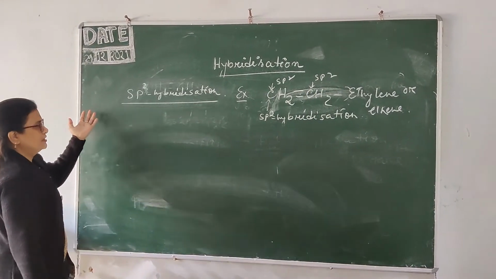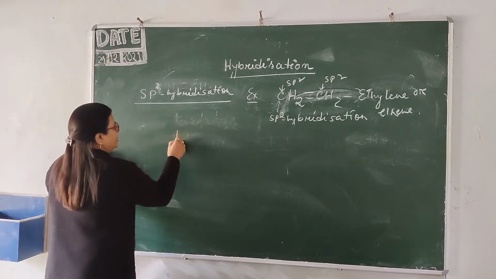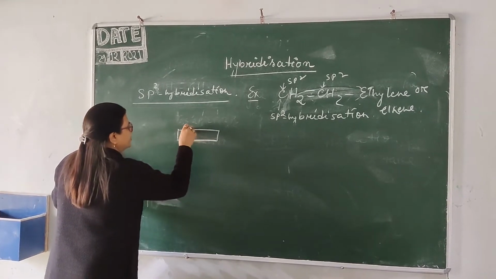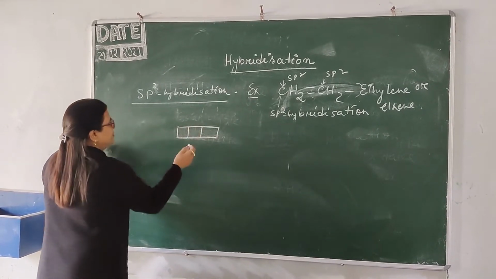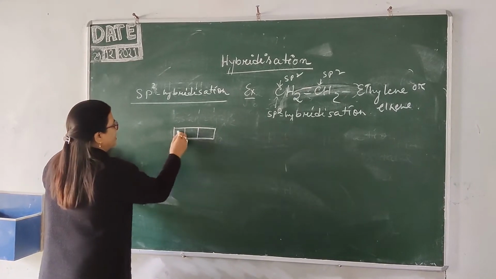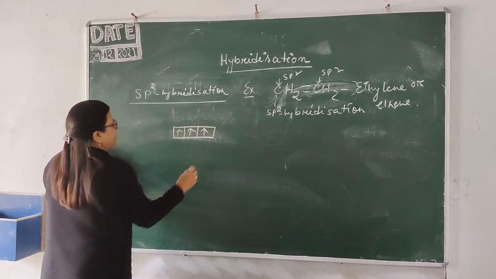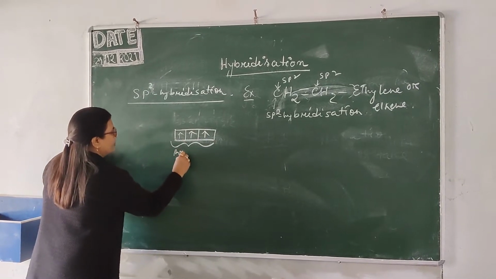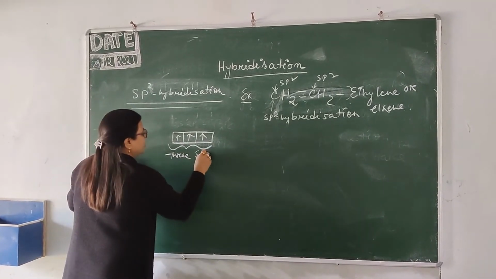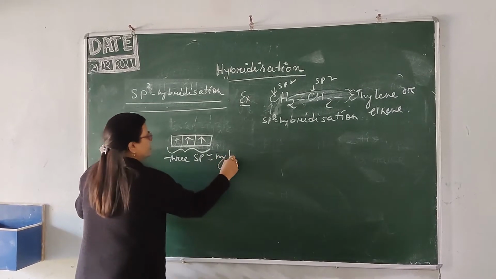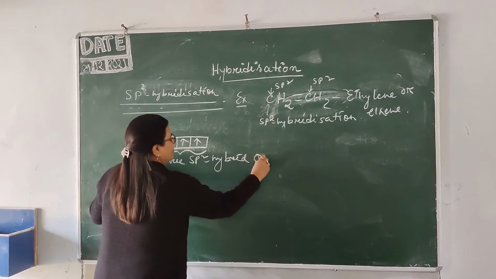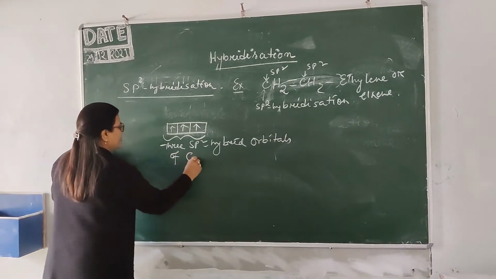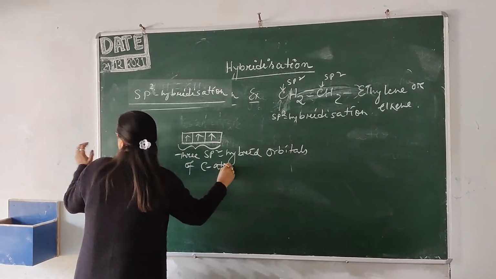As in the earlier cases, here sp2 means one s and two p orbitals. In the hybridized state we get three sp2 hybrid orbitals of the carbon atom.